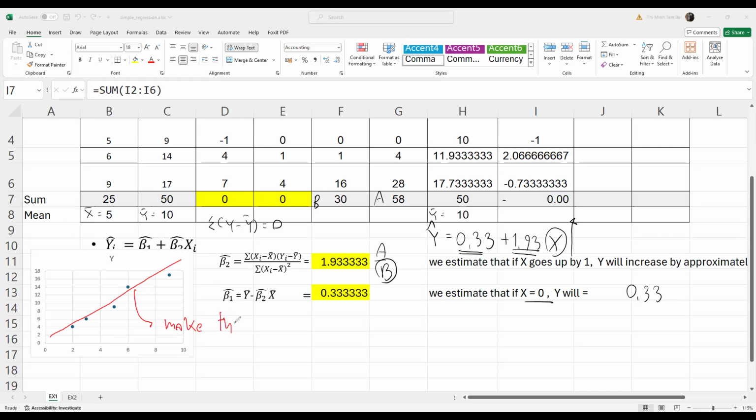Make this line represent the data, which has overall error equal to zero. This is the method.